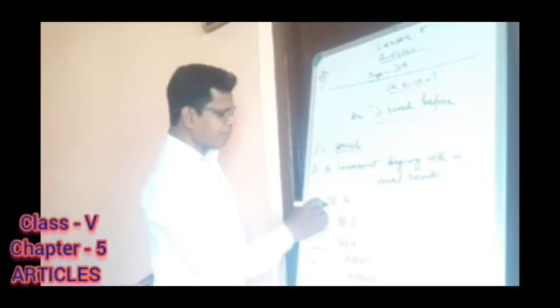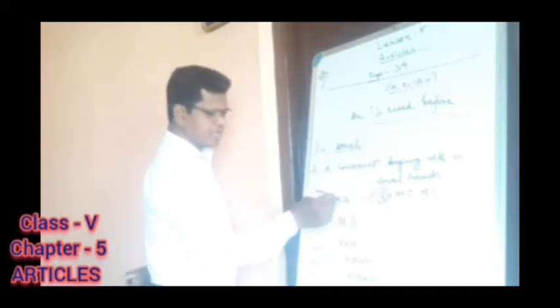So these are a few examples. This letter is a combination of two letters, E plus M is equal to M, isn't it? So the first letter sounds like E, therefore we write an here. Here also the same, an.